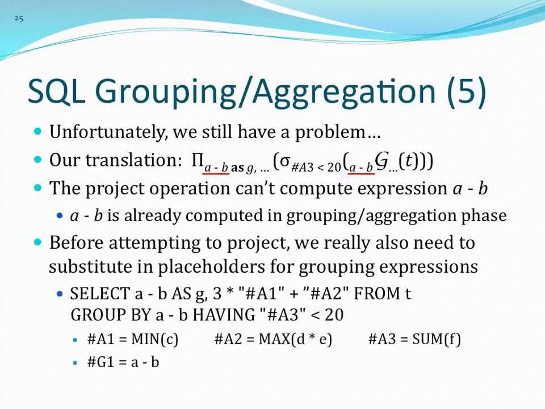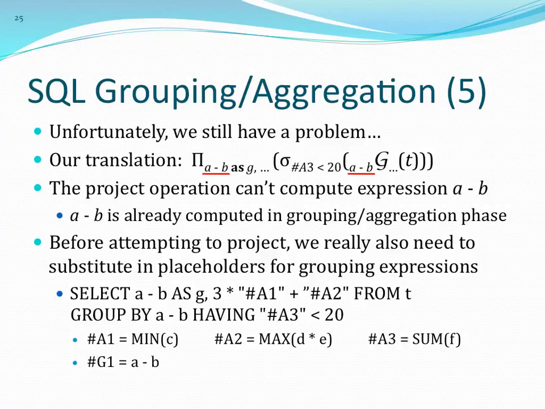So, a little bit of an issue, but it's relatively straightforward to solve. Basically, we just need to take our group by clause and take each one of those things and give it a name as well. And then we can plug placeholders in the select so that our final generalized project only refers to stuff that's produced by the grouping and the aggregation. So we could do something like this.